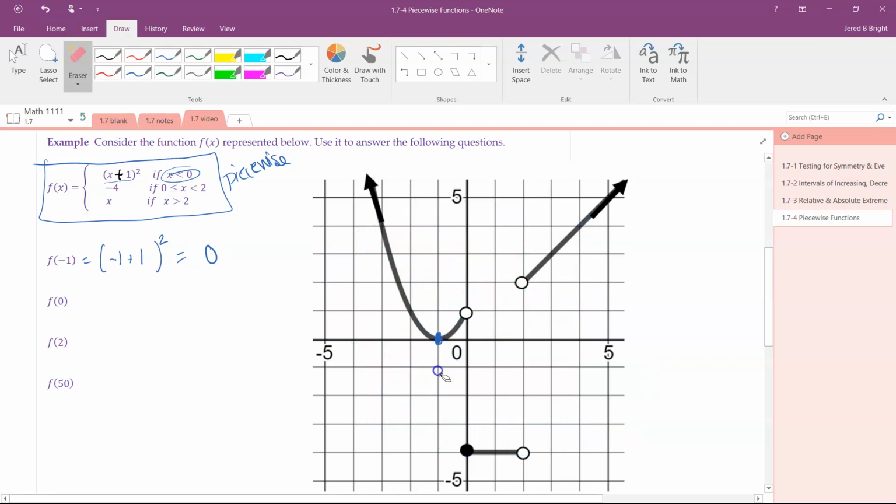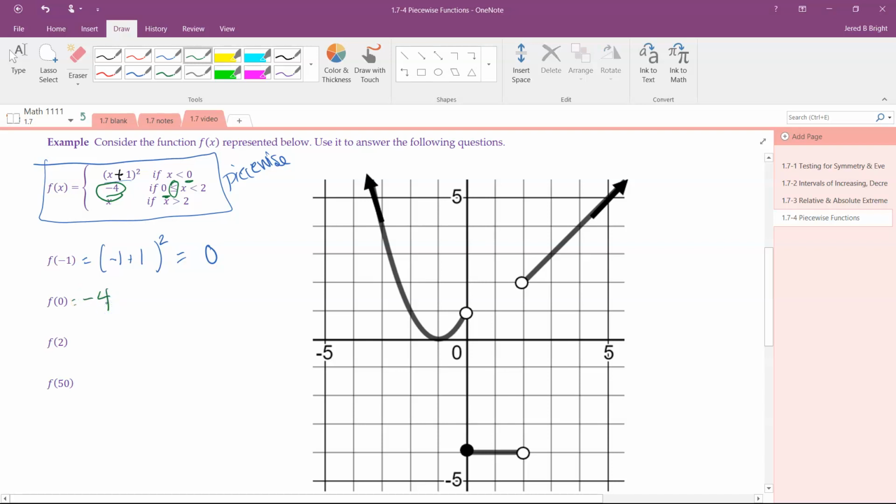Okay, we can unscribble all that. Again, we're going to try algebra first, verify with the graph. Second one, f of 0. Which piece does 0 fall into? There's 0 there and 0 there, but we have the equal in the second piece, so I'm going to just use that function, and I get out -4.